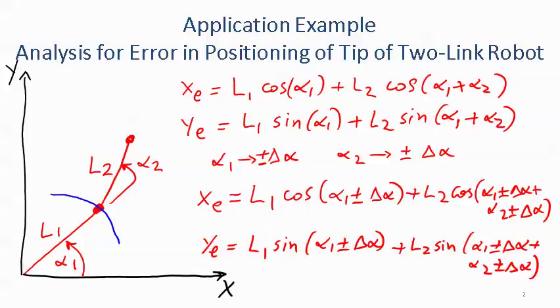So if this link rotates an angle alpha 1, then, similar to the previous example, we can identify these 2 points which will be on this arc. At these 2 points then, we are going to draw link L2.